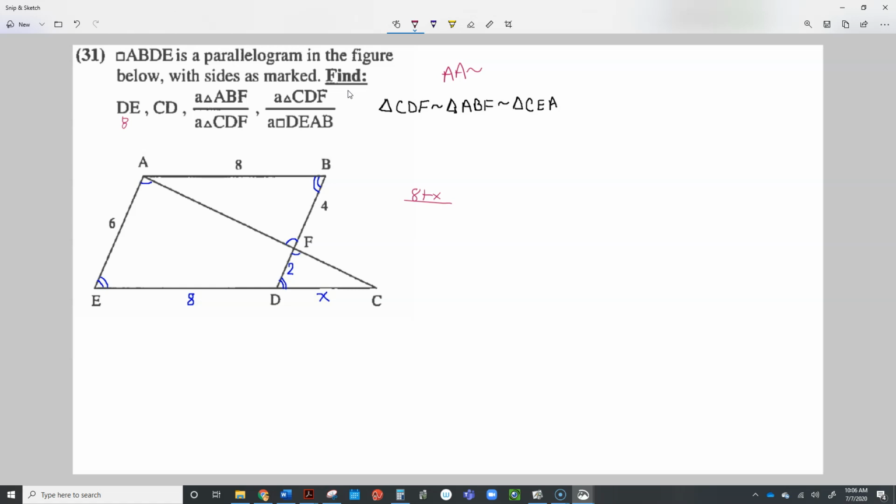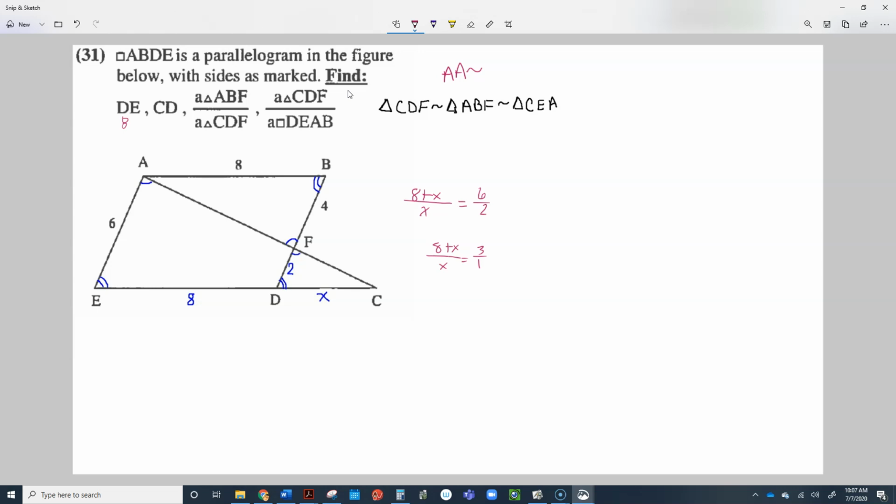And then the little side, the corresponding side, is x. And then I need a part that I know. So this one is 6 and that one is 2. Now I should have reduced this first because I could, and that'll make my math easier. So x plus 8 over x is equal to 3 over 1.